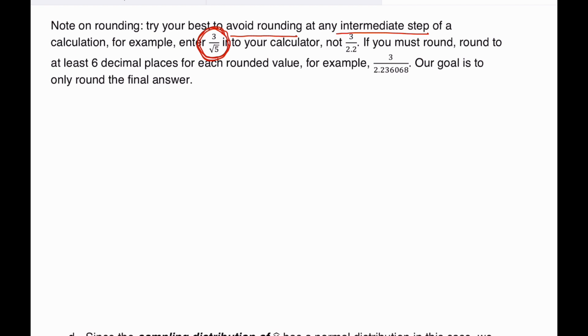Don't enter 3 over 2.2 because that's going to cause rounding errors that could make your final answer incorrect. If you must round, try to round to at least 6 decimal places for each rounded value. For example, I would use this instead of this. And if you're rounding at the last step, it's no big deal. It's just when you're rounding at one of the steps along the way.